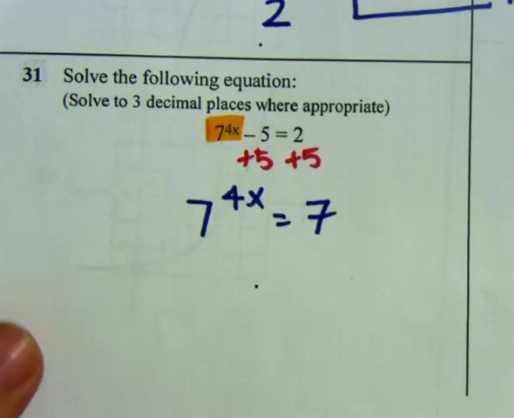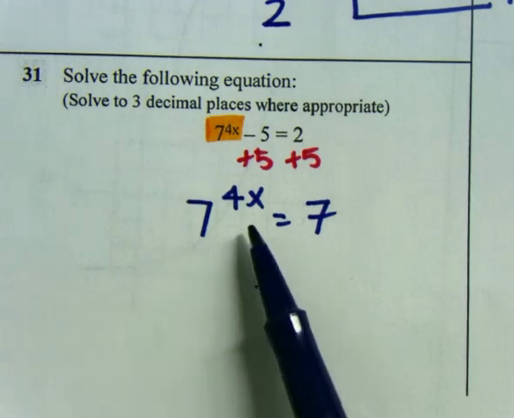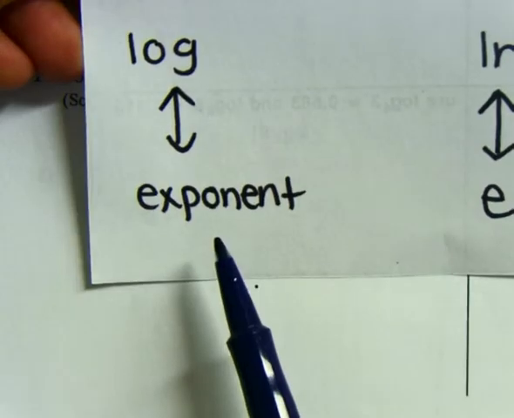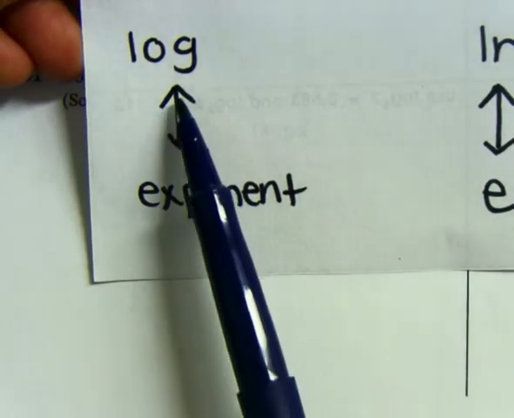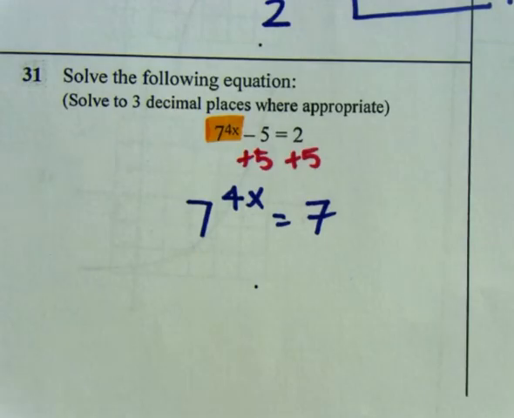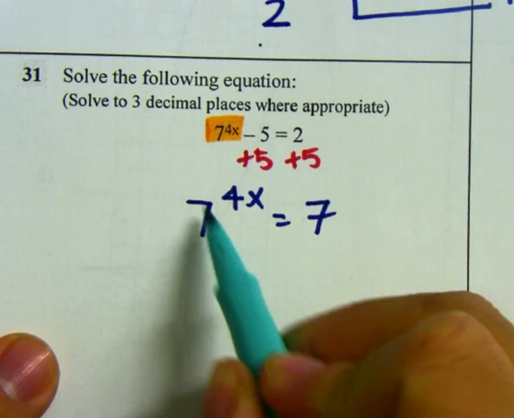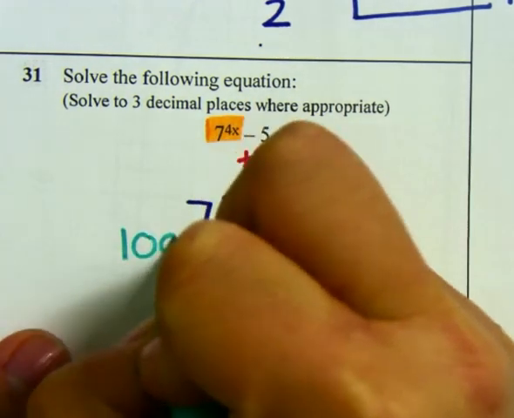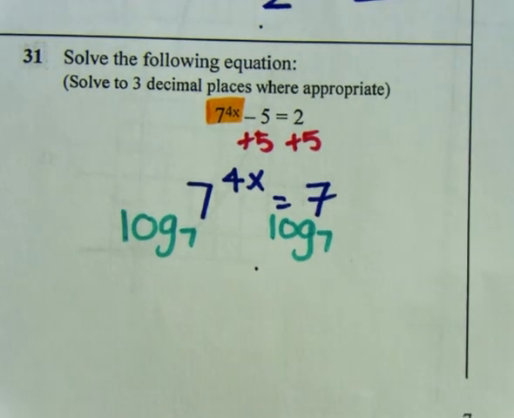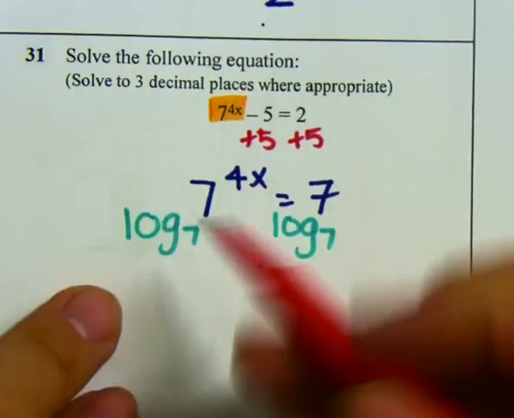So then let me ask you something. Do you have here an exponent or a log? Well, you have an exponent. So to undo an exponent, you give a log because they are inverses of each other. So specifically, to get rid of the 7, you take log base 7 to both sides.